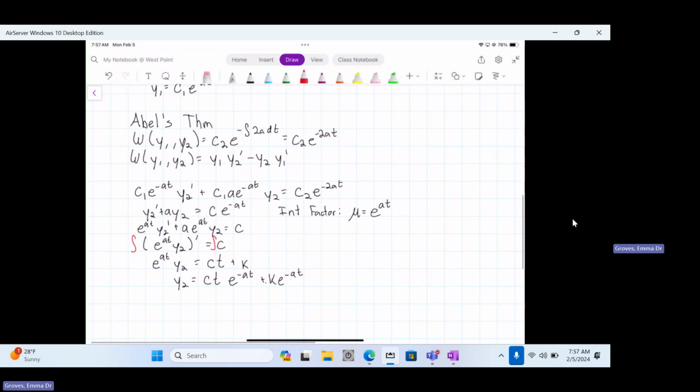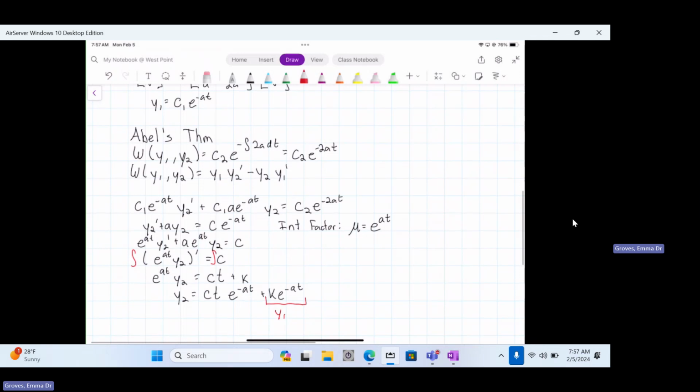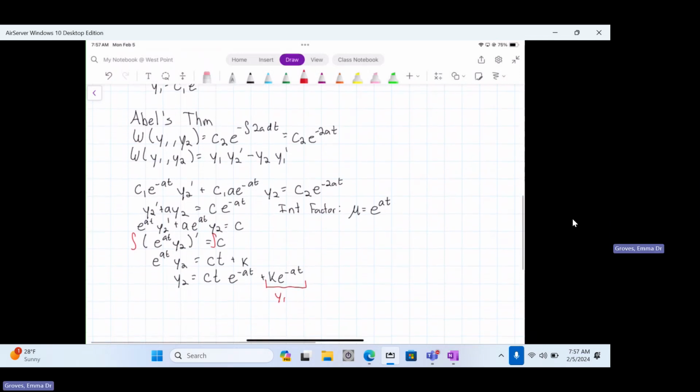But this all the way from my beginning, this was my y1, right? I now have a new constant, but that's okay. And so overall, we've just shown that our general solution is y equals c1 e to the negative at plus c2 x e to the negative at. Go ahead and end that proof.